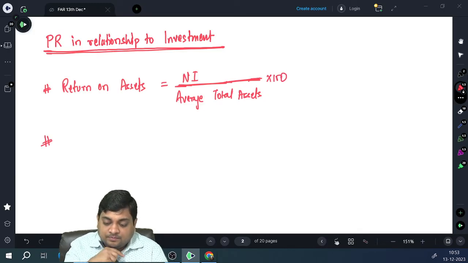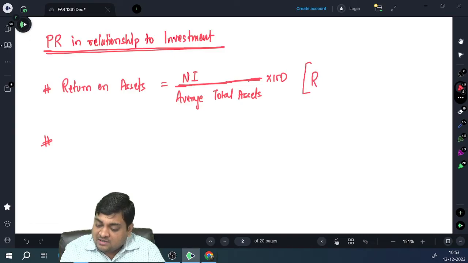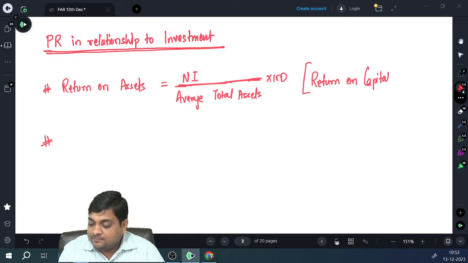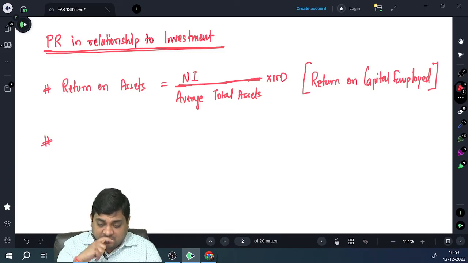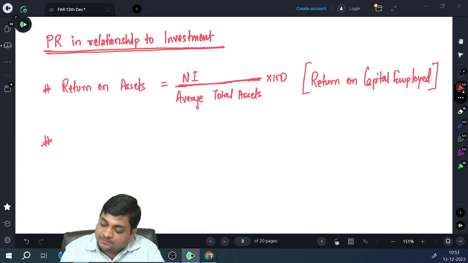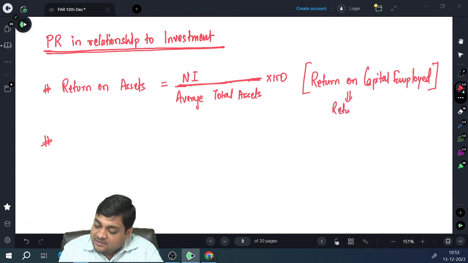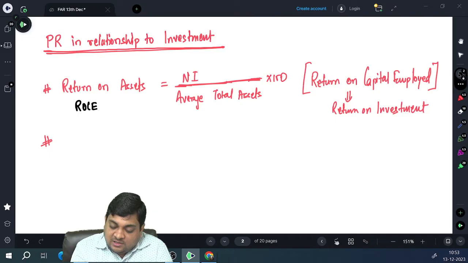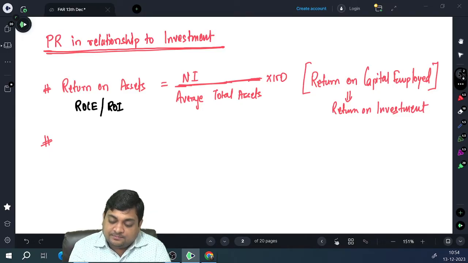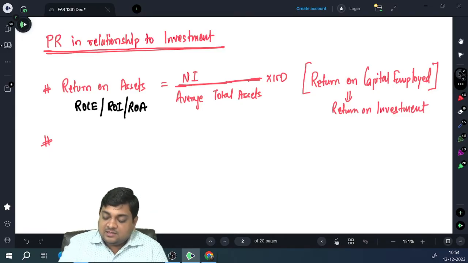And this is also commonly known as return on capital employed or return on investment. At times we call it return on investments as well. ROI, ROCE or ROI, return on assets.